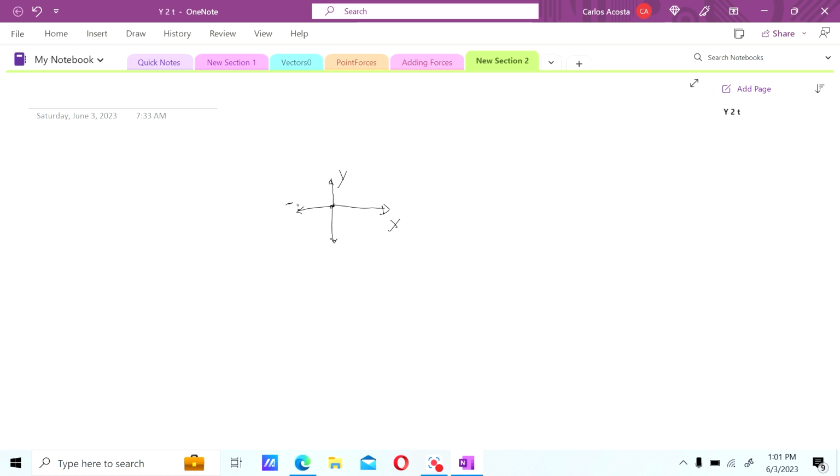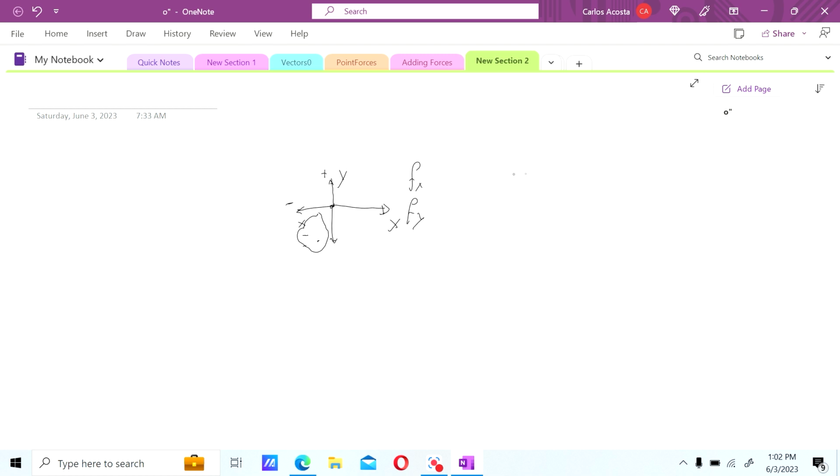In this section we have a negative force in the x direction and a positive force in the y direction. This quadrant will tell us that the force is negative in the x direction and negative in the y direction. So this is for the coordinates, this is for the components, Fx and Fy. If the components are negative with respect to the coordinate system, then you just carry the minus.